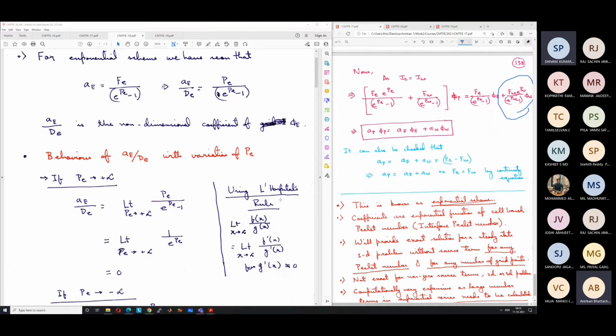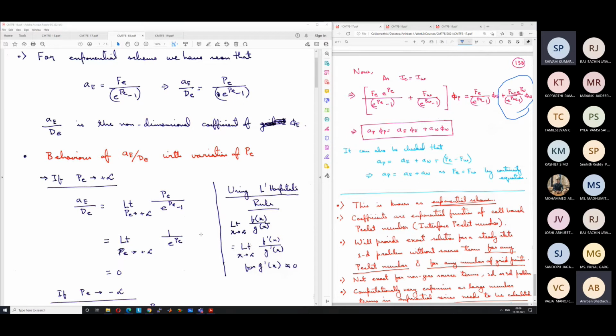We can use L'Hopital's rule here. L'Hopital's rule states that the limit as x tends to infinity of some function f(x) divided by some function g(x) is equal to the limit as x tends to infinity of f dash x by g dash x, and obviously this can only be calculated if g dash x is not equal to 0.